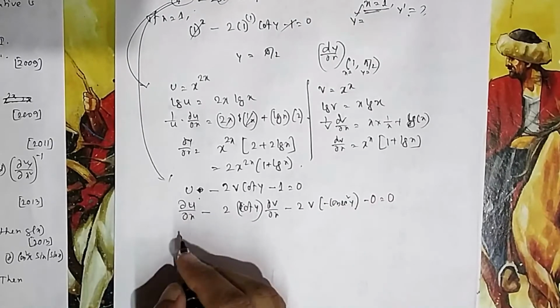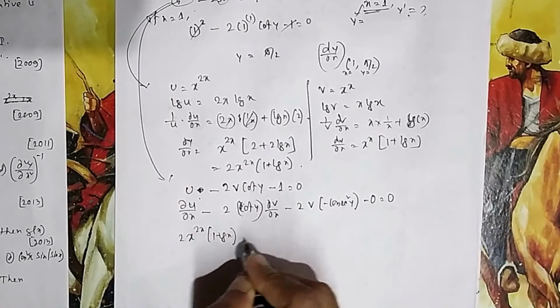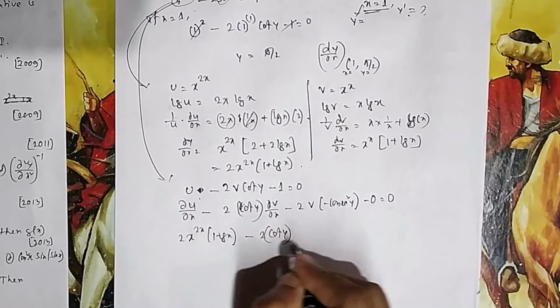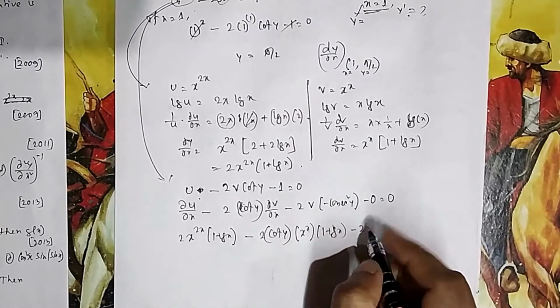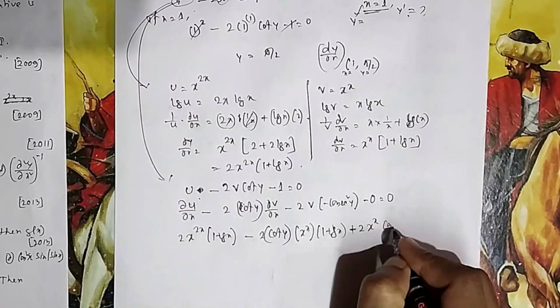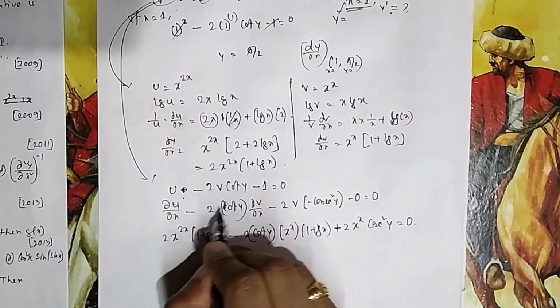So you put this value: du/dx is 2 times x to the power 2x times 1 plus log x, minus 2 cot y, dv/dx is x to the power x times 1 plus log x, minus 2v, is equal to x to the power x, minus plus cosec square y, is equal to 0. And here you have to be careful with du/dx, du is constant, okay.